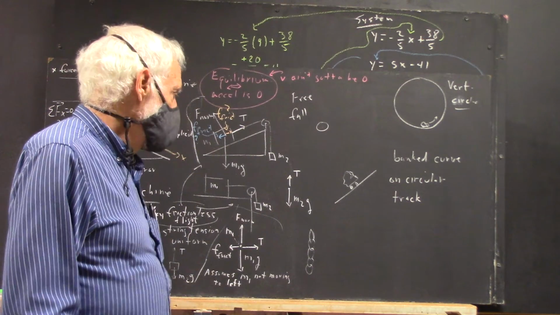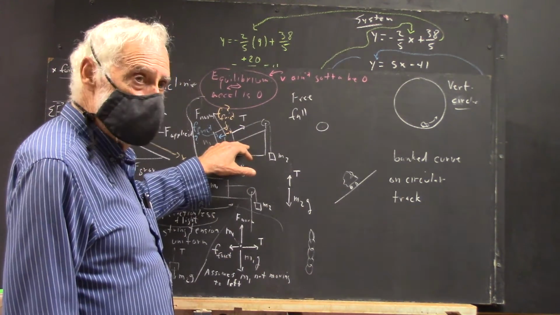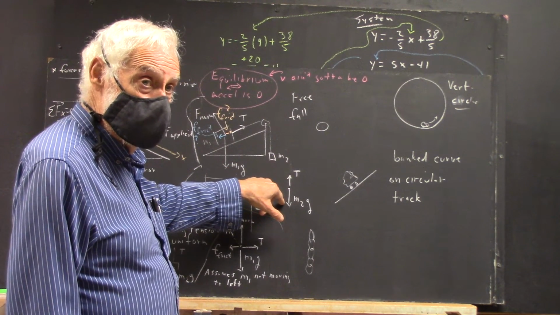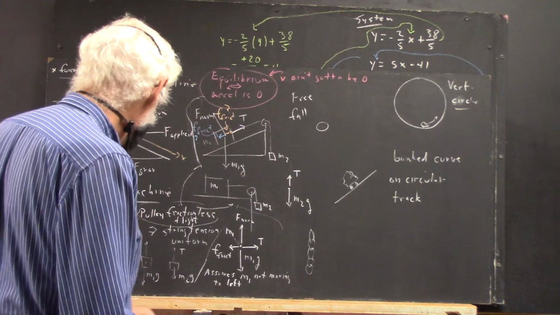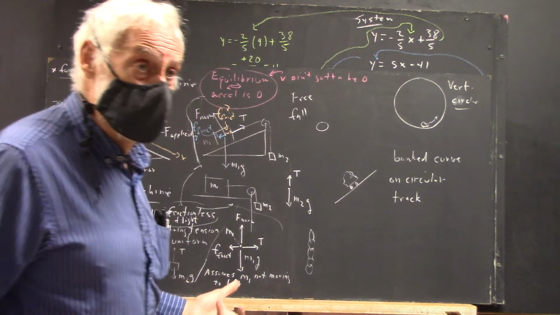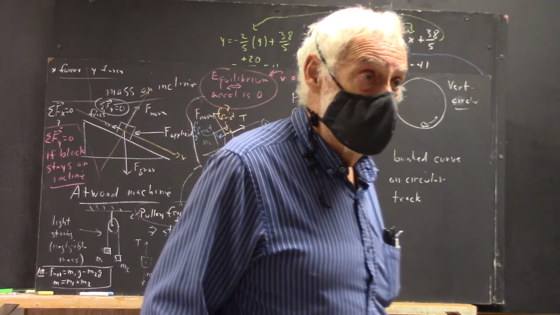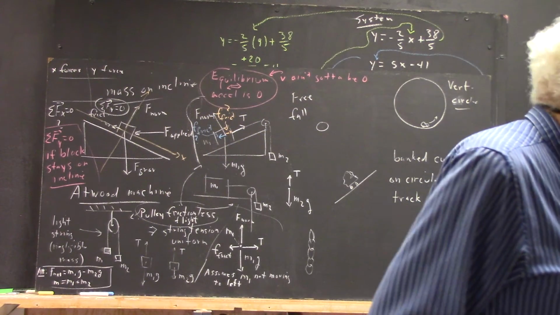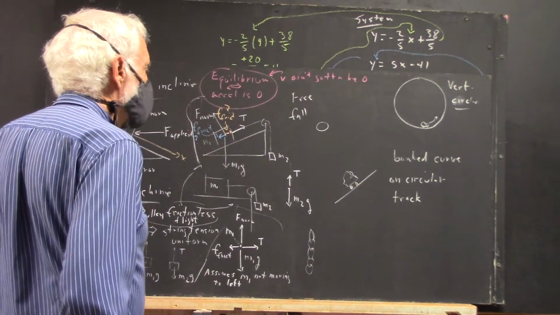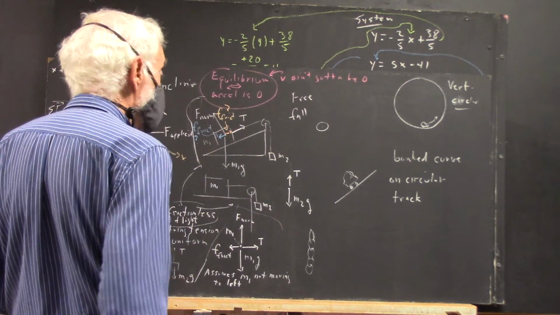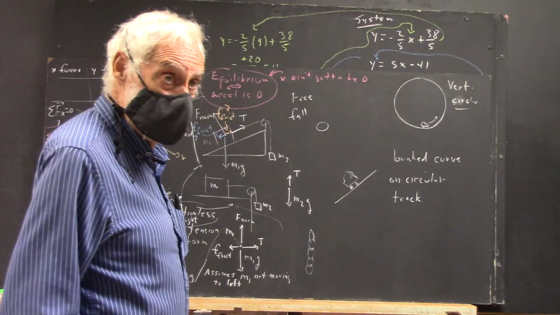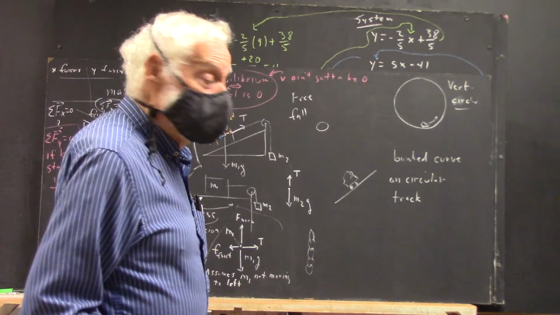And until you have more information, especially in this case, you don't know whether the tension's bigger than M2G or less. Or maybe equal. If the thing is stationary, they're going to be equal, right? Yeah, stationary, they're going to be equal. Okay, because if this thing's not accelerating, these are the only forces acting on it. They've got to add up to zero, meaning they've got to be equal.